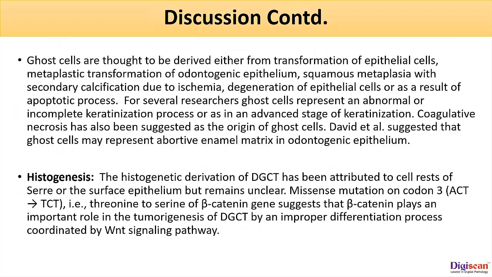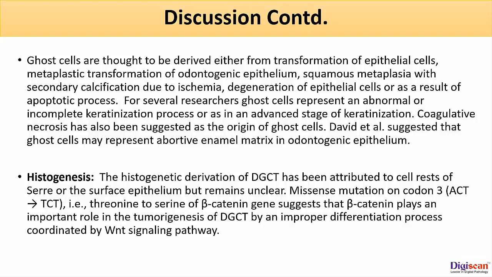Ghost cells are thought to be derived either from the transformation of epithelial cells or metaplastic transformation of odontogenic epithelium, or squamous metaplasia with secondary calcification due to ischemia, degeneration of epithelial cells, or as a result of an apoptotic process.